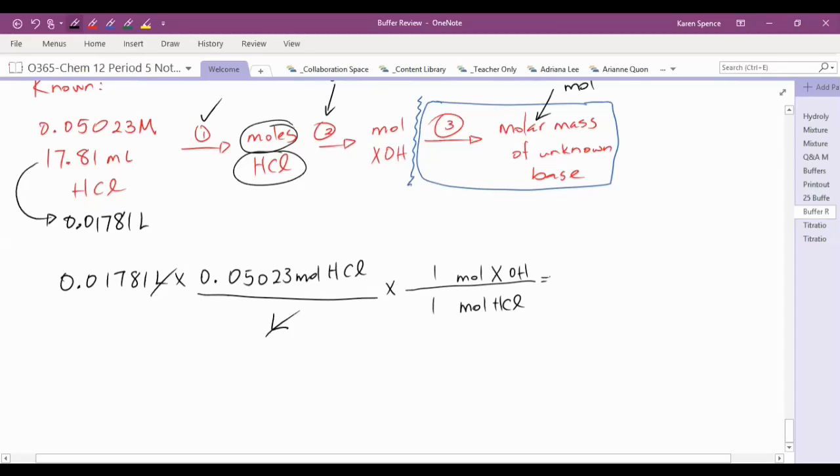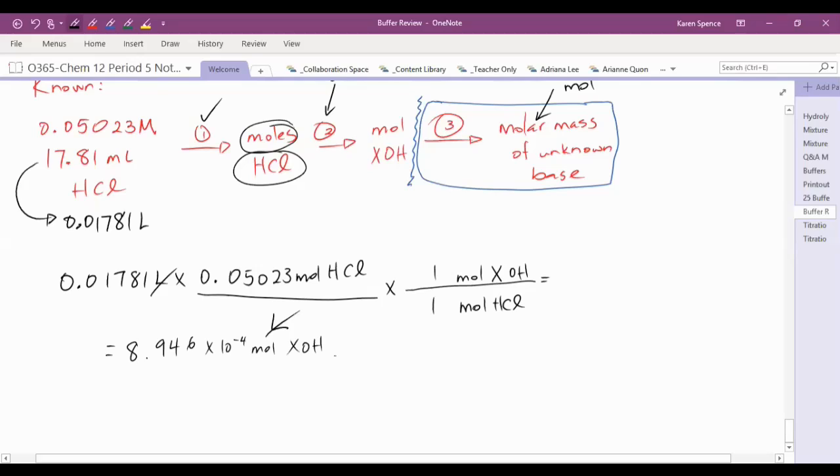So we plug that into the calculator, 0.01781 times 0.05023 equals 8.946 times 10 to the negative 4 moles of XOH.